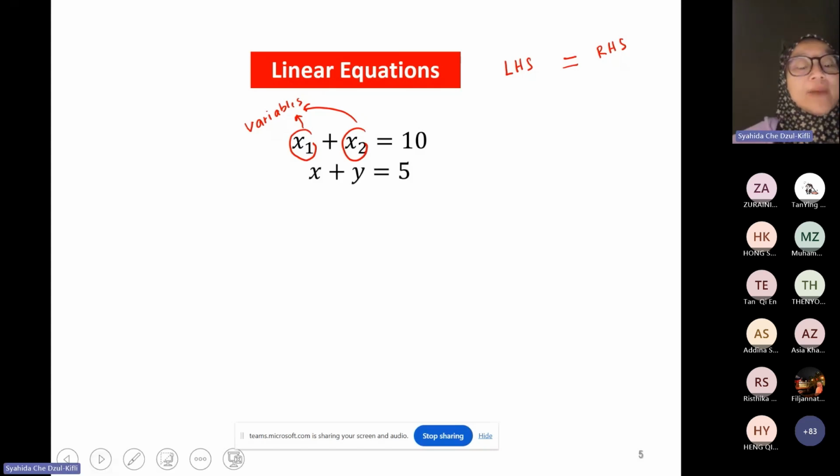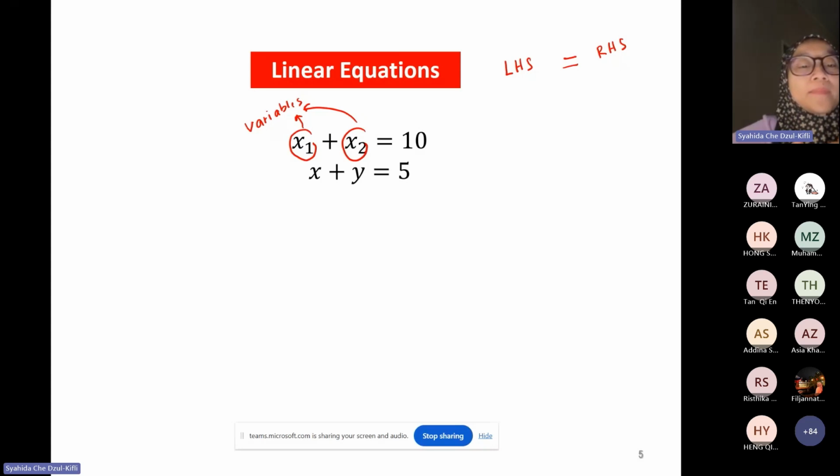And let's say we have another equation, also in two variables, but the symbols we use to represent the variables in the second equation are x and y. The equation here is x plus y equal to 5. Different equations, but both have two variables with different symbols for the variables.